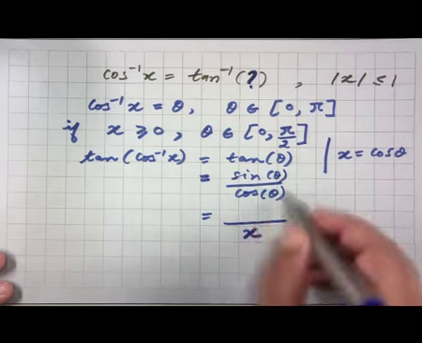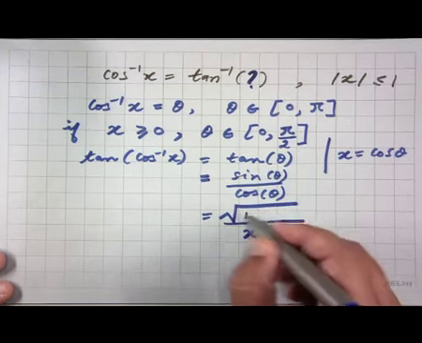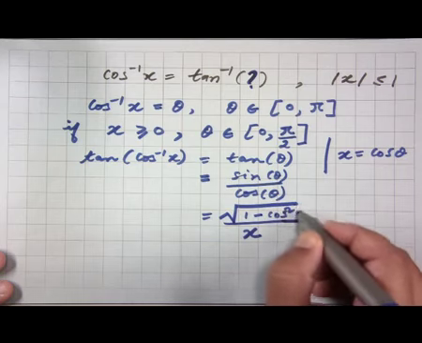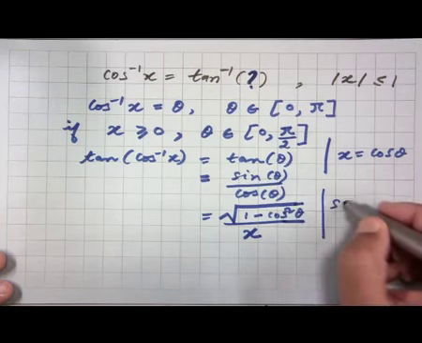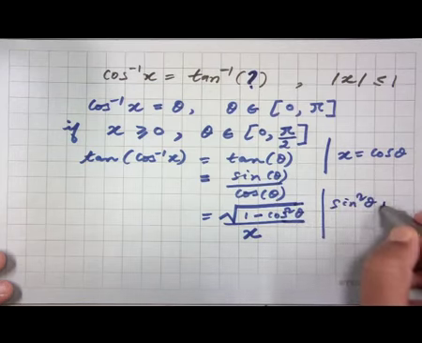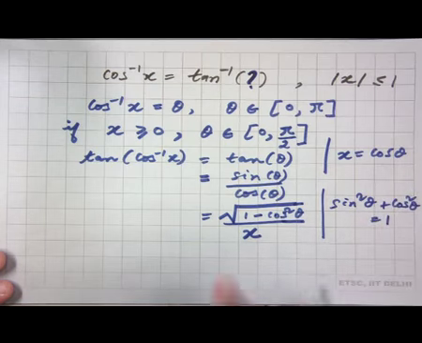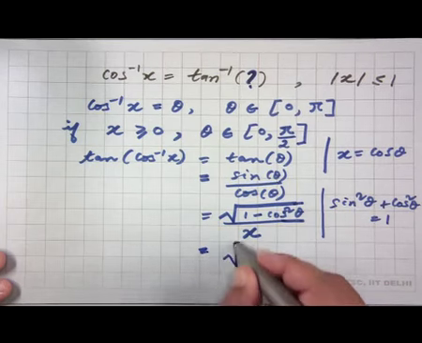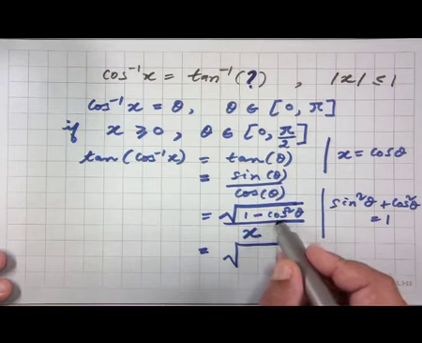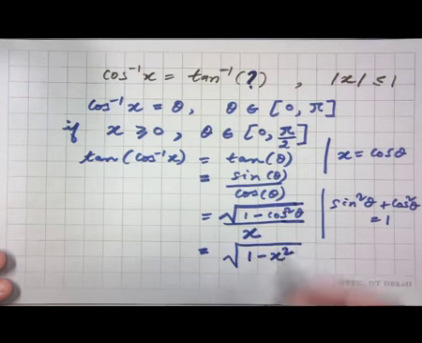So therefore we can write sin theta as the positive square root of 1 minus cos square theta. Of course, this follows from the fact that sin square theta plus cos square theta is equal to 1 for any theta, and we take the positive square root here, which is further equal to the square root of, now we use the fact that cos theta is actually x, so this becomes square root of 1 minus x square over x.